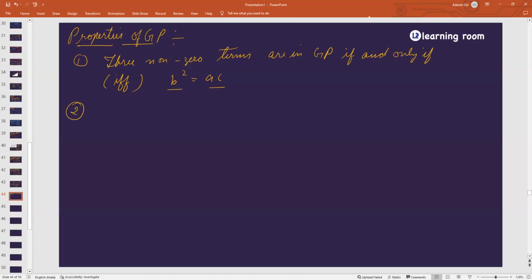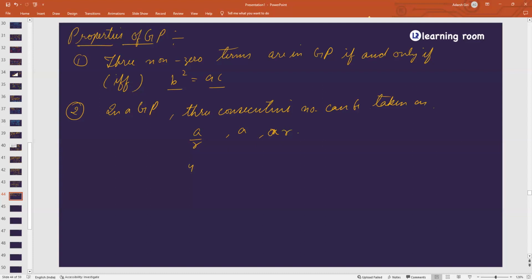Next one. In a GP, three consecutive numbers can be taken as a by r, a, a into r. You just have to consider that the common ratio should be the same, right?